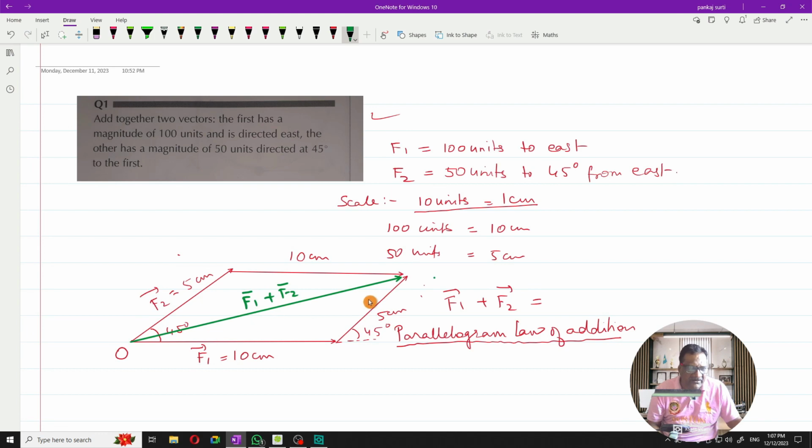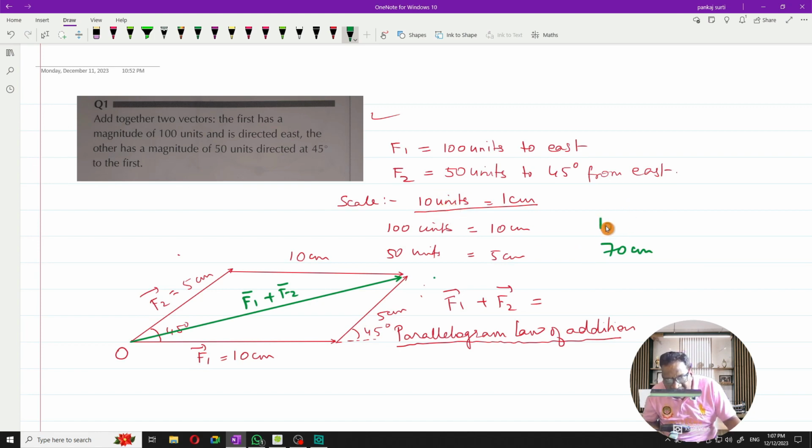Okay, now all I have to do is measure the length of this diagonal, and whatever length I'm getting, I will have to reconvert it into units. So suppose the length I am getting is, say, 70 centimeter for example. Then I will have to tell that this f1 plus f2 is not 70 centimeter. You'll have to convert it into the original unit.